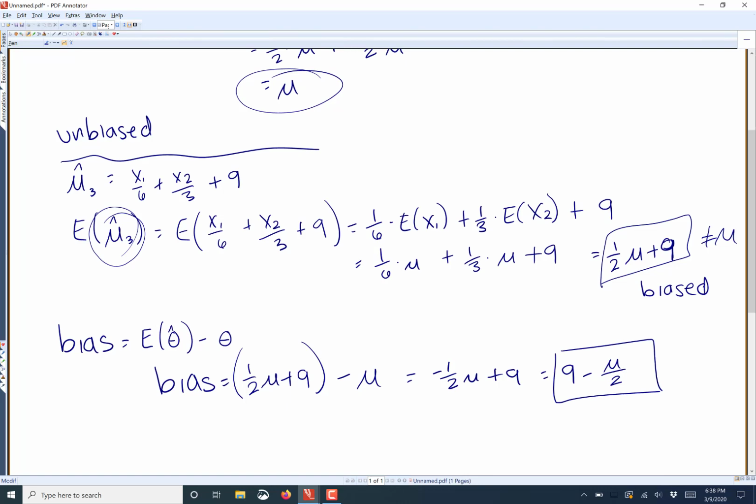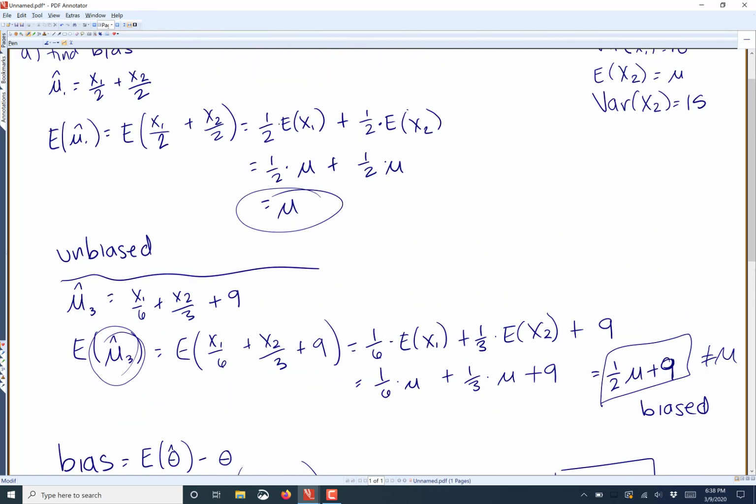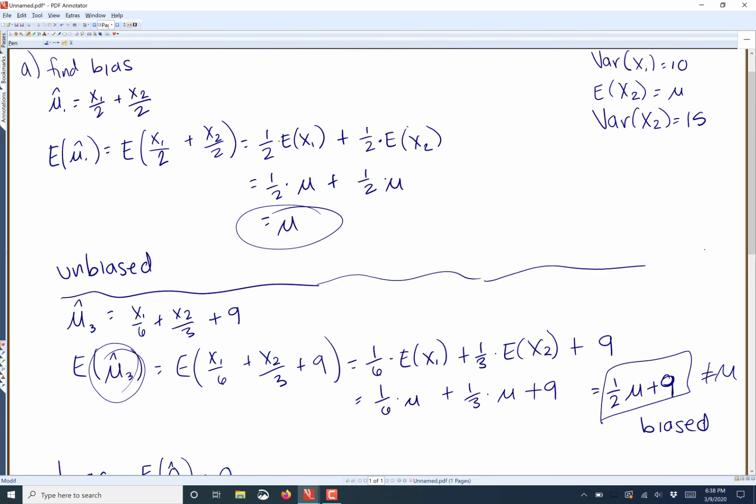So that is our bias. Technically up here, if you wanted to find the bias for the first one, you would do the expected value of mu hat, which is mu, minus our actual parameter, which is mu, which is 0. That's how you know it's unbiased, because the bias is 0.